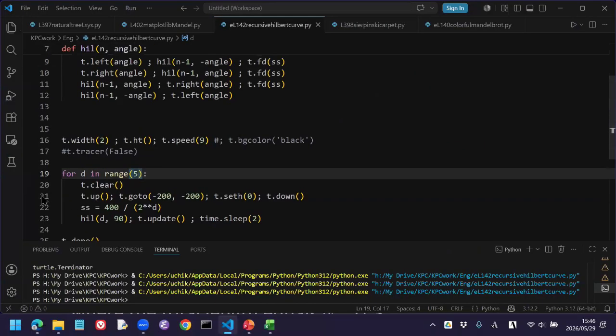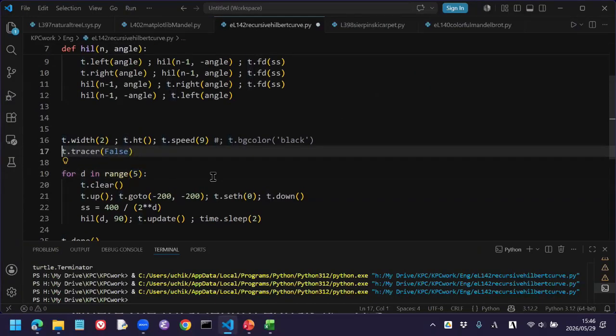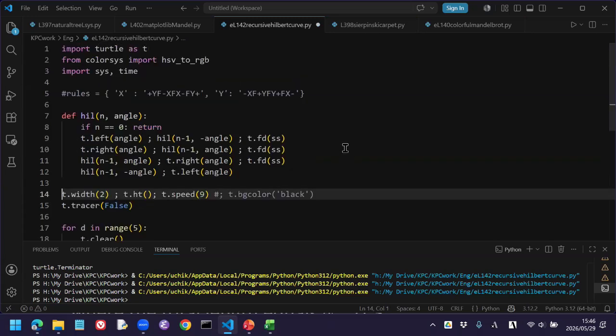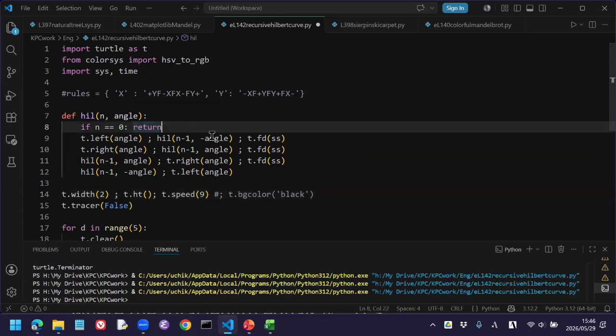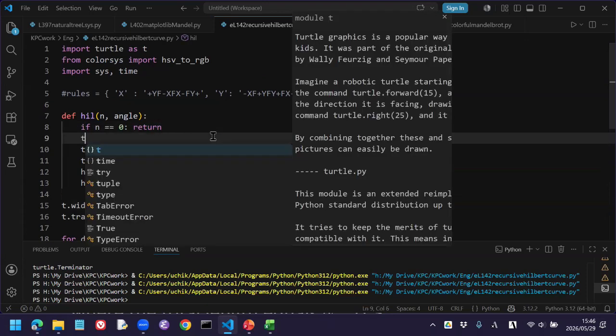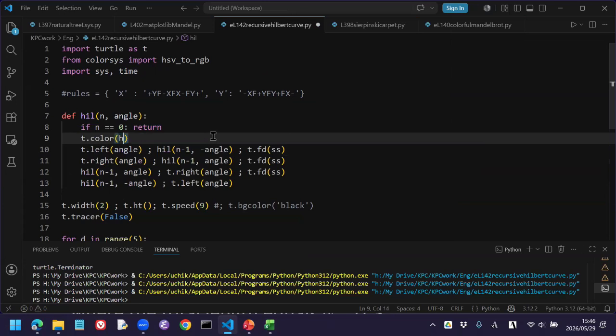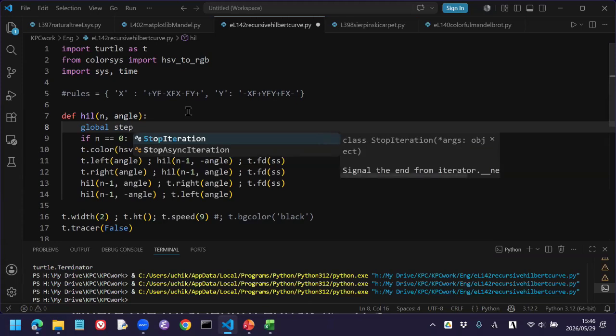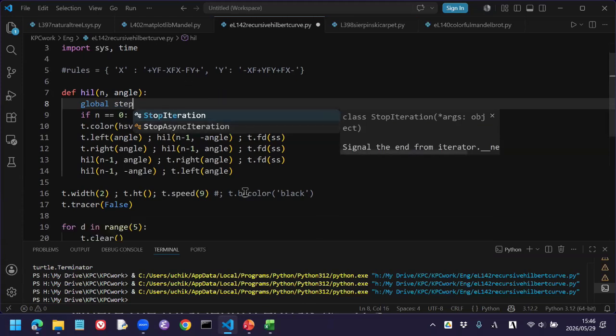We can have tracer off again, and we use HSV to RGB, and at each step before drawing, we define color, which is HSV to RGB, and we need a global step, which is initialized as 0 before drawing.